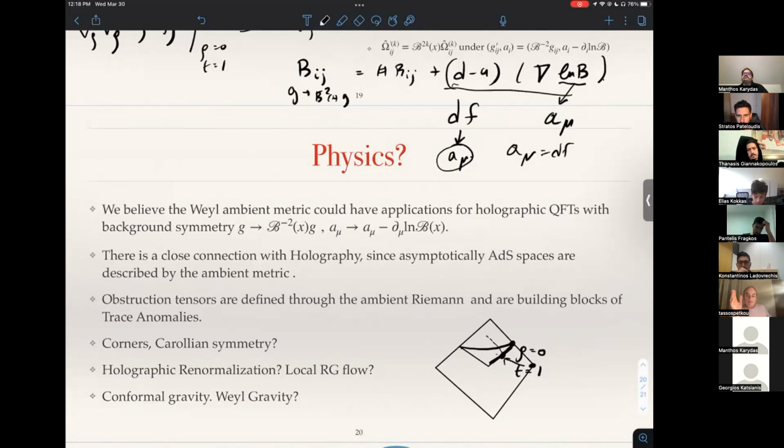If your boundary metric is really flat, like Minkowski, or conformally flat, then it's not clear to me what this Weyl connection is doing. But if it is not conformally flat, yeah. Anyway, it's an interesting question. We should go back to that. I see what you mean. I don't know, maybe this is wrong.